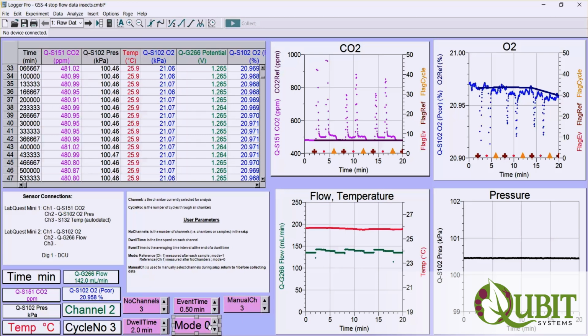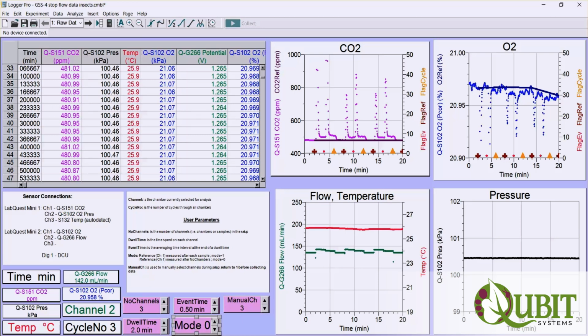The disadvantage of mode 1 is that it takes longer to complete your experiment, and there's more time in between measurements of your chambers, and therefore your stoppage time is going to be longer. So this is something that one needs to keep in mind when setting these parameters.